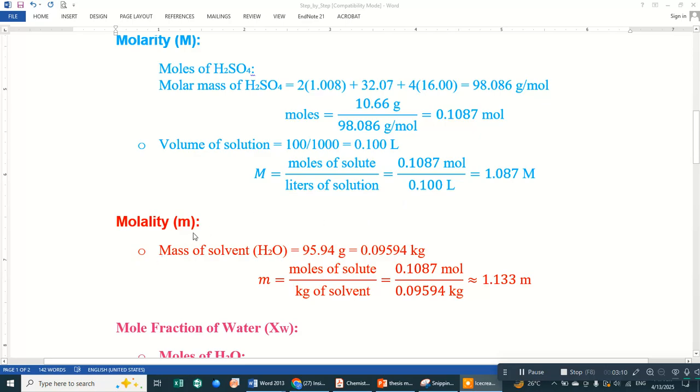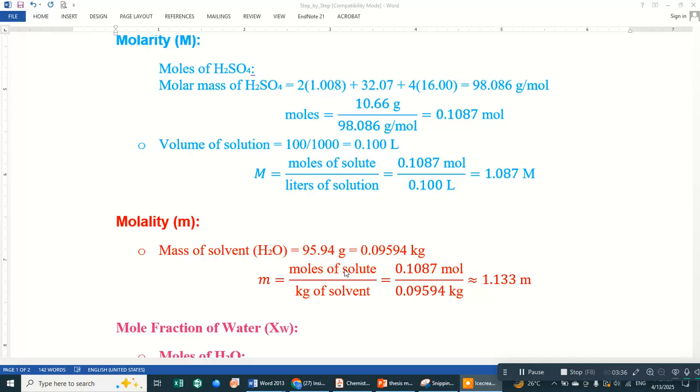Next, how we can find out the molality? We already discussed in the previous videos that for molality, number of moles is divided by the mass of solvent in kg, and we know that the solvent is water. So mass of water is 95.94 gram. Change this gram into kilogram by dividing by 1000.